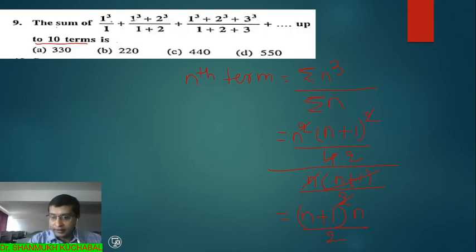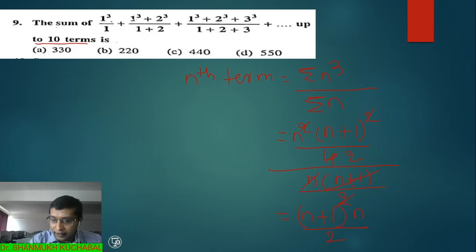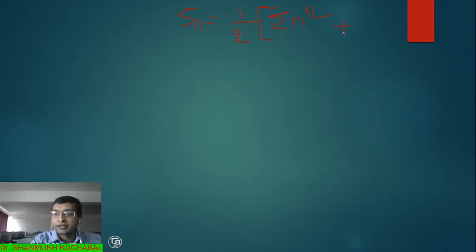Further we will take the sum of terms, that is Sn equal to 1 by 2, a constant, which I keep outside. Next, n into n square, so I write summation n square. Next, 1 into n, so I take summation n.